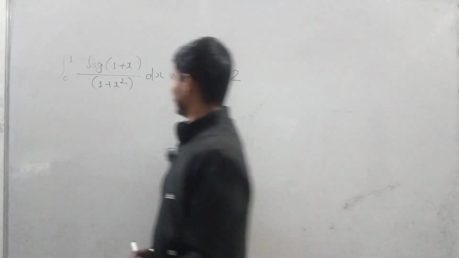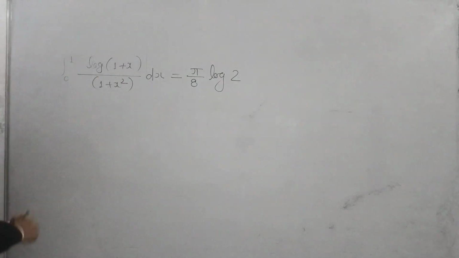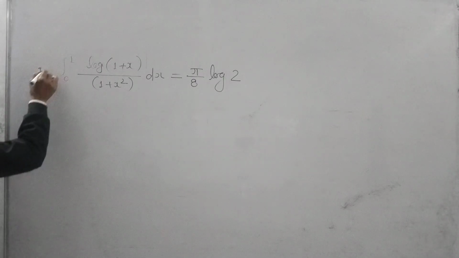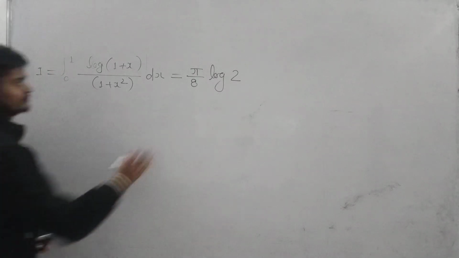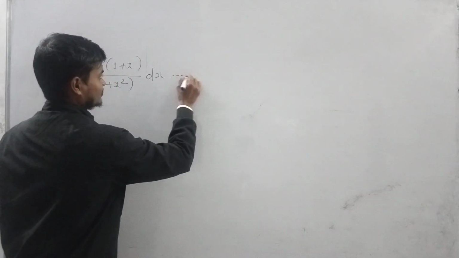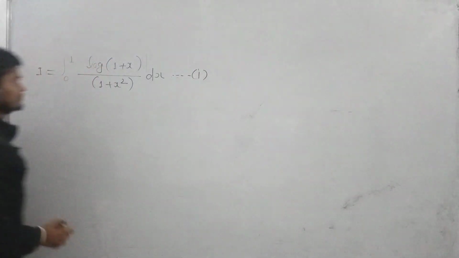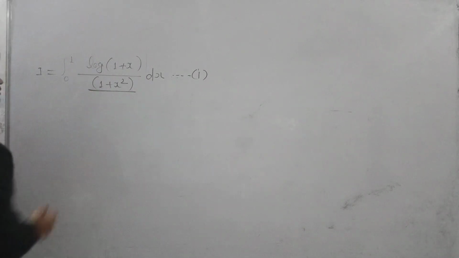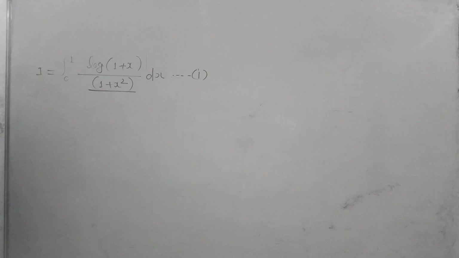Concentrate here. Look at the board. Suppose the value of this integral is equal to I, and suppose this is equation 1. Look at the denominator 1 plus x square.